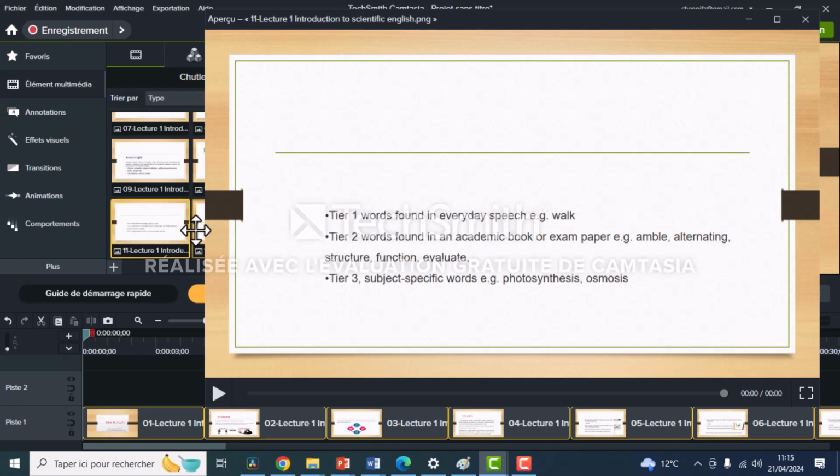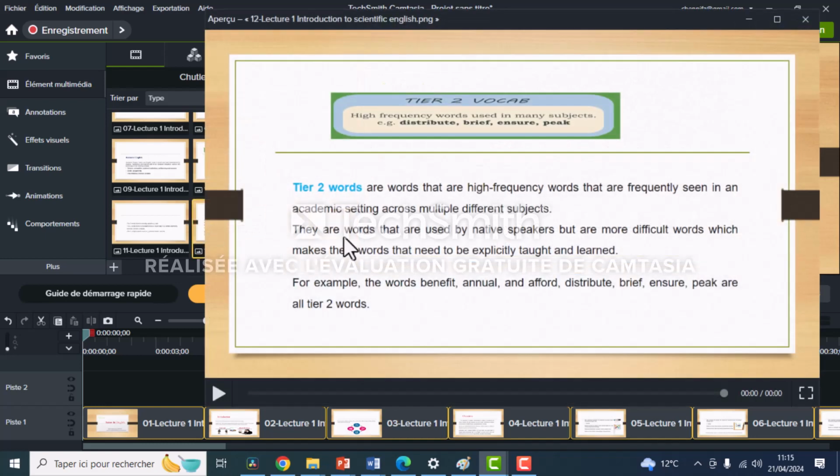So, what characterizes academic English is the use of high frequency words, or what we call the tier 2 words. These are high frequency words that are frequently seen in academic settings.